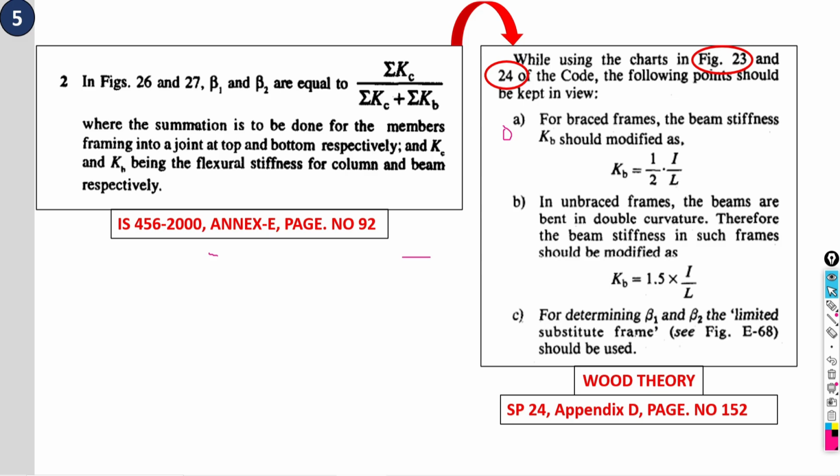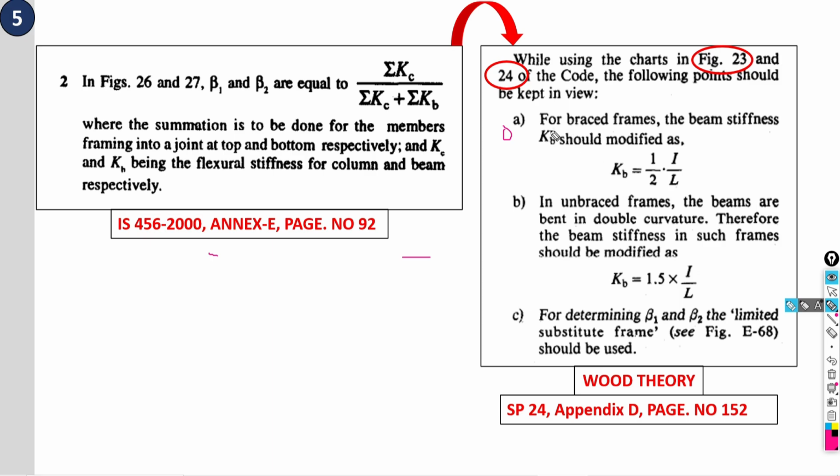Again I am repeating, in IS 456 you will not find any formula for calculating the stiffness of the beam. For that we need to look at SP24, Appendix D, page number 152. Under the Wood's theory, they have described how you can calculate the stiffness of the beam.